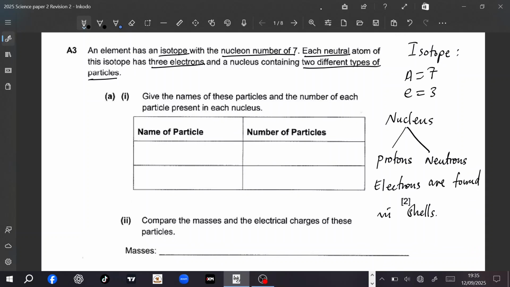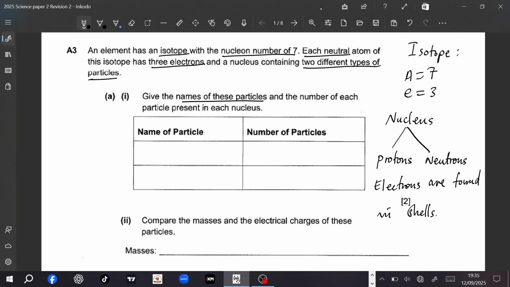Then they're saying, A Roman numeral 1, give the names of these particles and the number of each particle present in each nucleus. So they want the names of the particles that are found in the nucleus and the number of each.